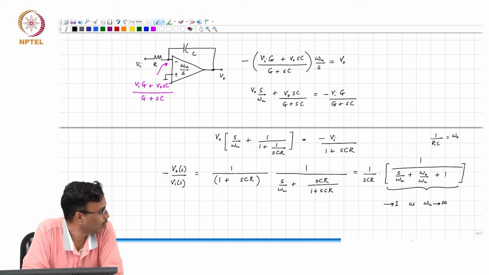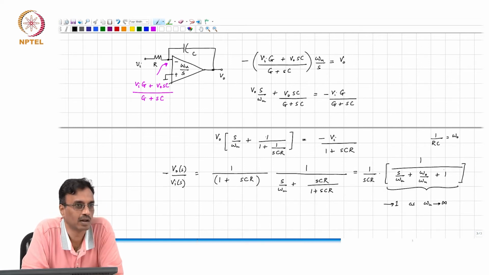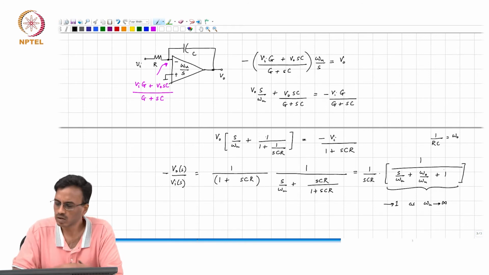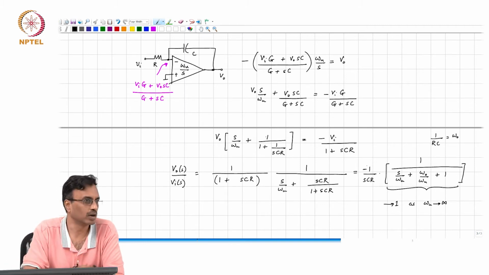I want somebody to confirm because we don't want to do a whole lot of math and then find out that the basic thing is wrong. Can somebody else confirm that this is correct? Overall minus should be there, no? I mean, this is equivalent to putting a minus here, if that's what you are saying.